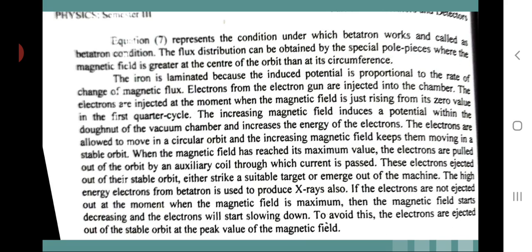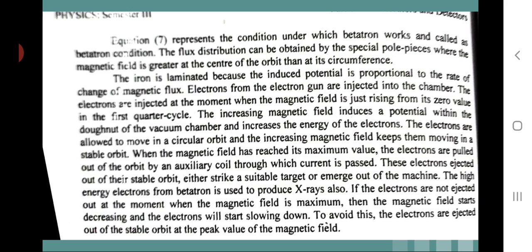Electrons from the electron gun are injected into the chamber. The electrons are injected at the moment when the magnetic field is just rising from its zero value in the first quarter cycle. The increasing magnetic field induces a potential within the donut of the vacuum chamber and increases the energy of the electron.